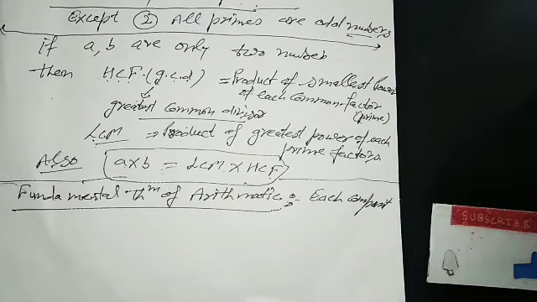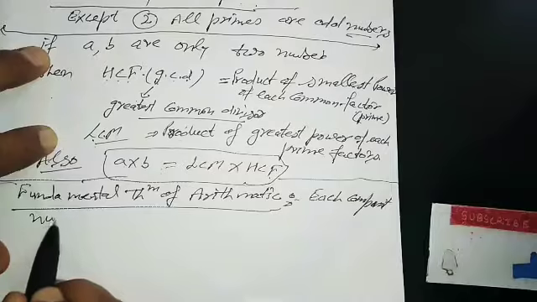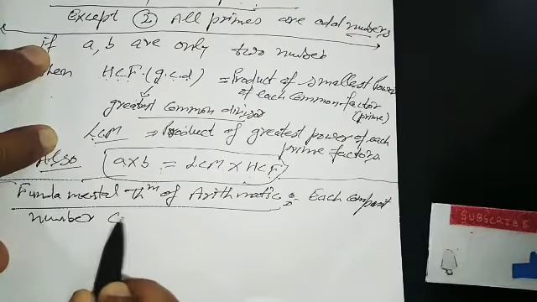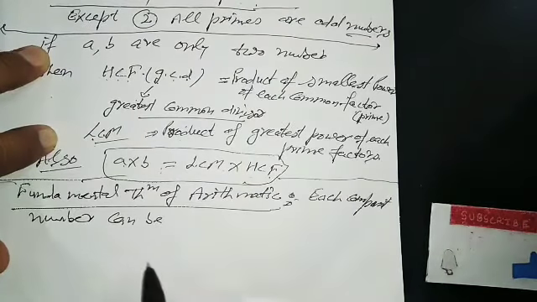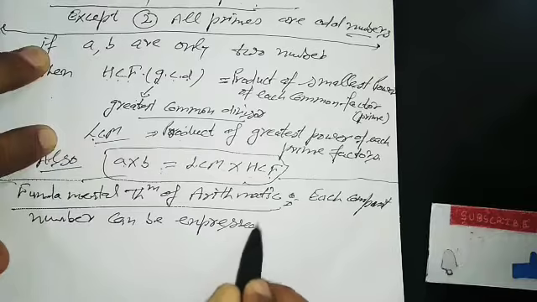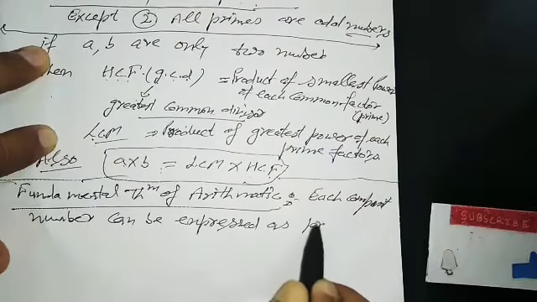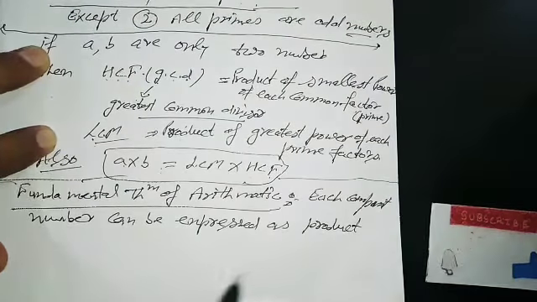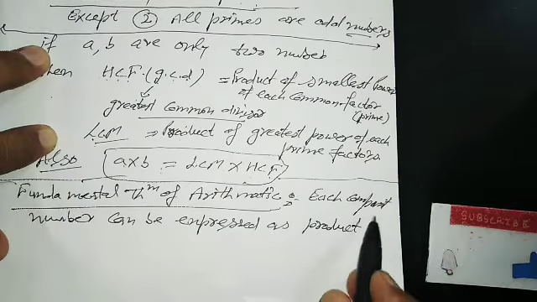Each composite number can be expressed as product of primes.